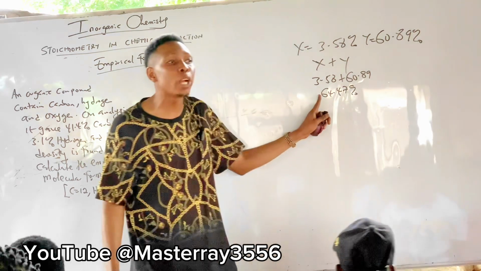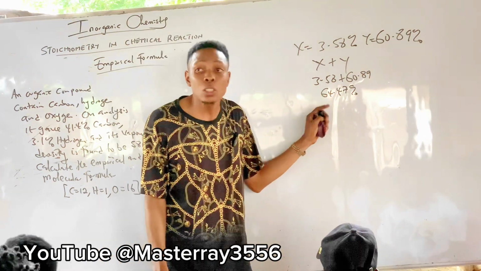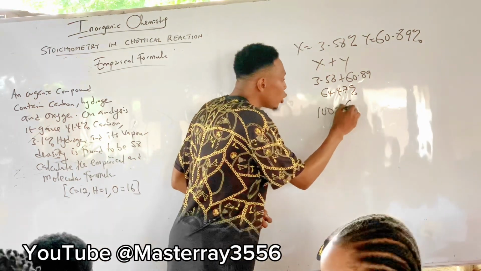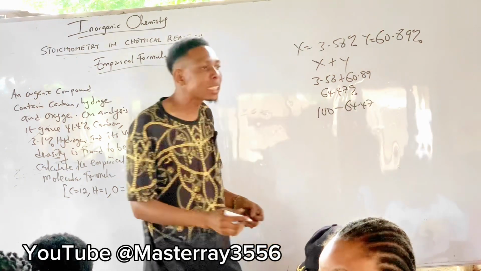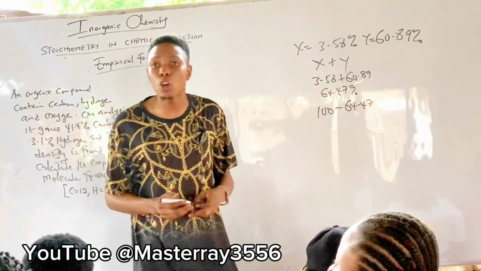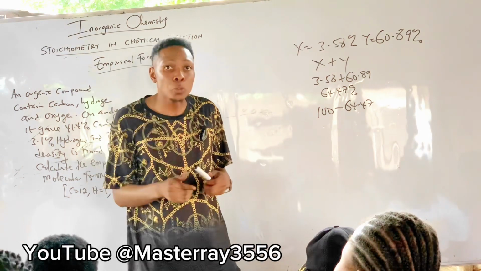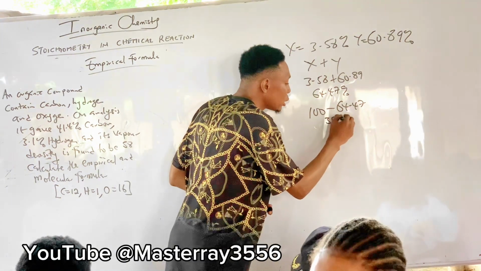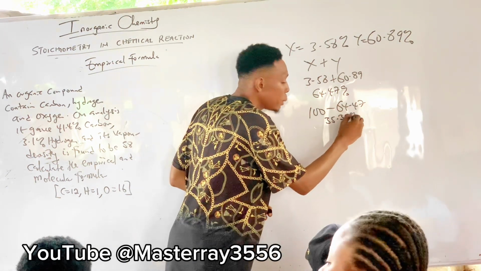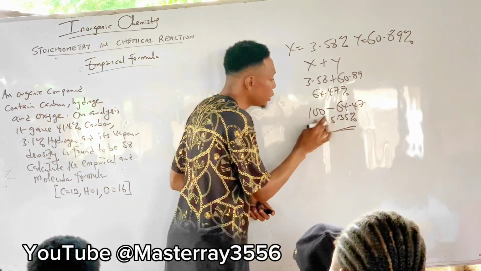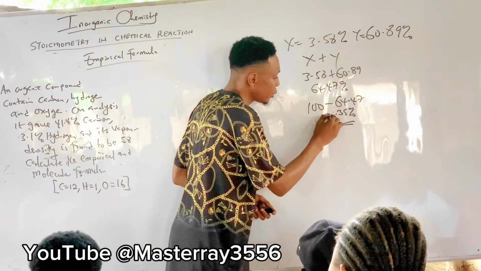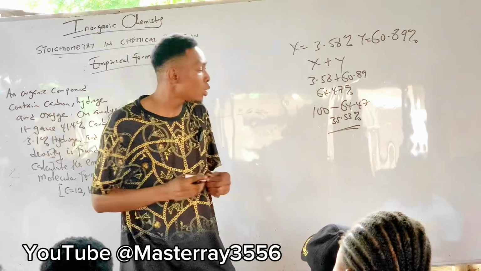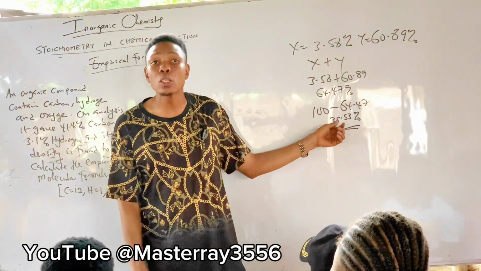Is it up to 100? That means this is not yet complete. What you do is 100 minus 64.47. Are you getting it? So 100 minus 64.47 gives 35.53. So you now take this one to be your oxygen.